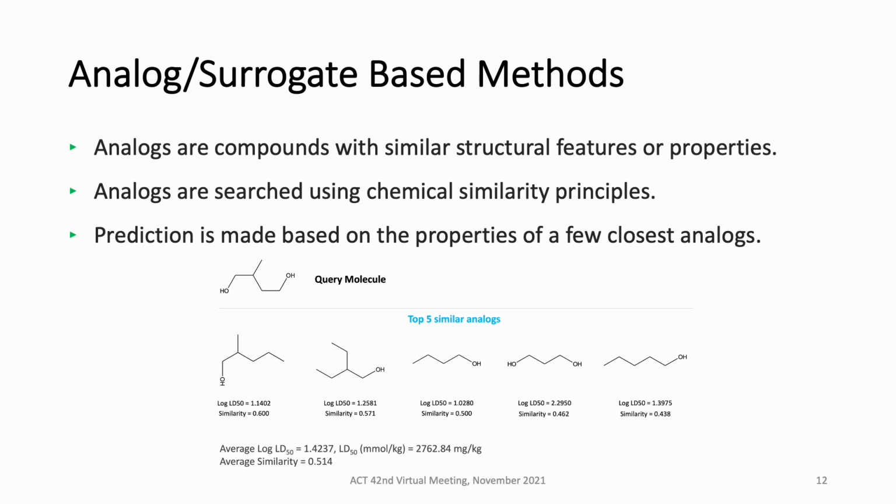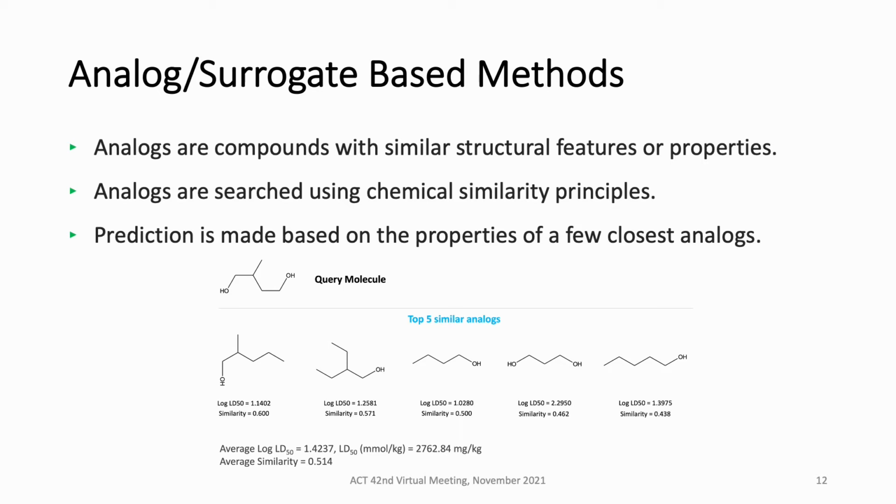These analogs can be searched by using the principles of chemical similarity. Chemicals are called similar if they share the same or similar structural features. If the majority of the structural features are common between two chemicals, we can call them very similar, and if no or very few features are the same, we can call them dissimilar compounds.